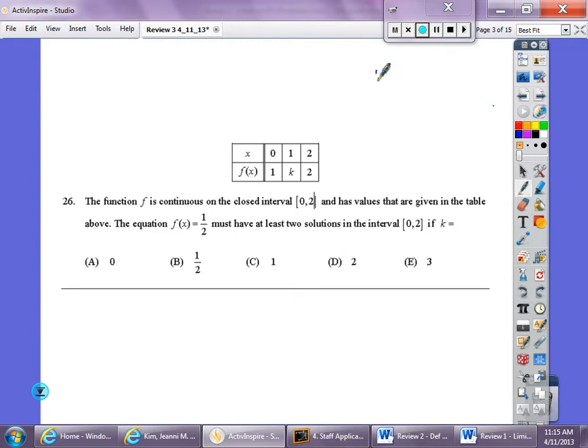So I'm physically just going to show you a quick graph of them. 0, 1, and at 2, 2. It says f of x equals 1/2. That's a horizontal line at 1/2.